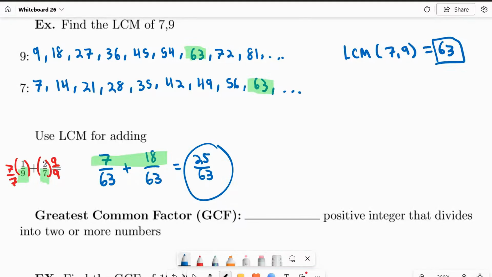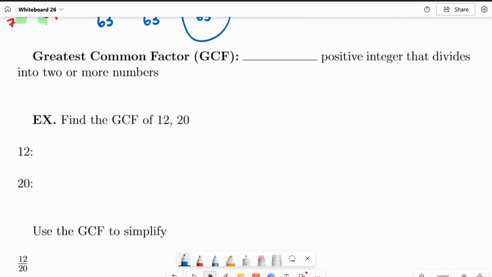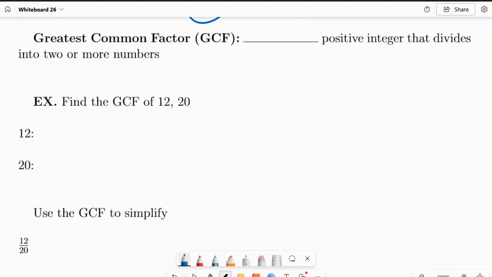So the second vocab term for this lesson is the greatest common factor. So greatest common factor, or GCF, is the greatest positive integer that divides two or more numbers. So what we want to do is list the factors of both 12 and 20.